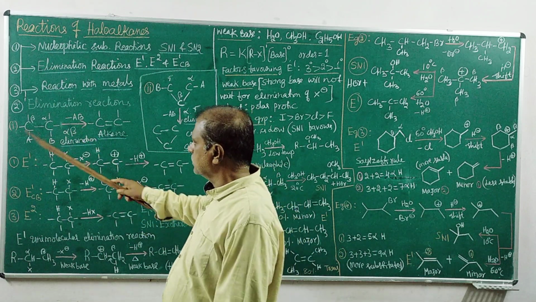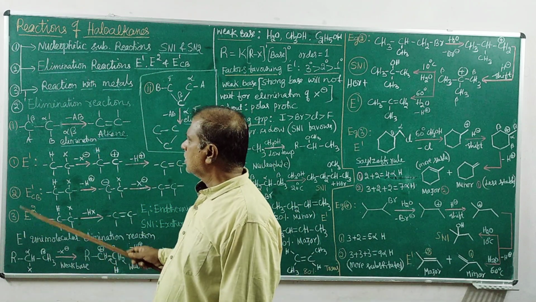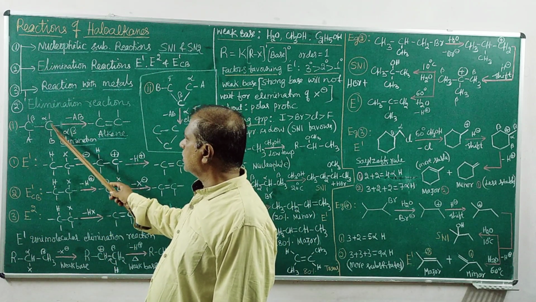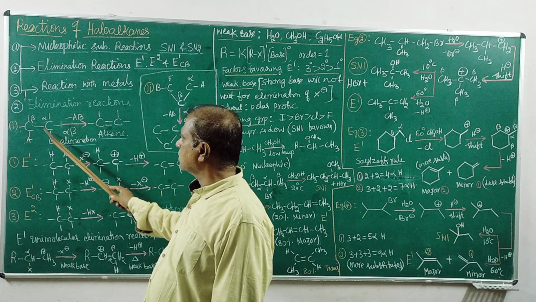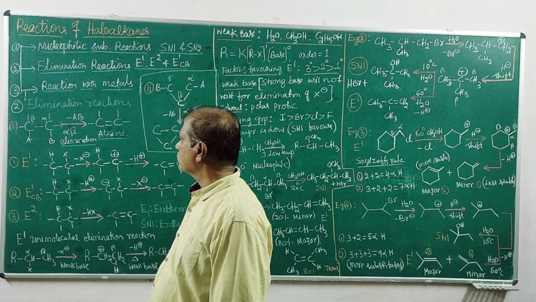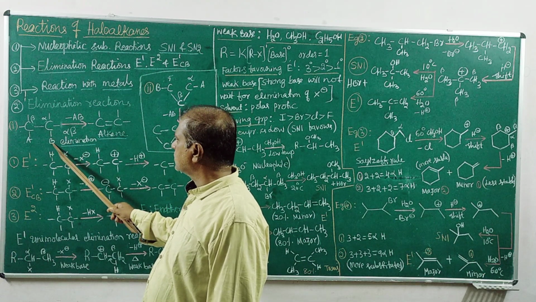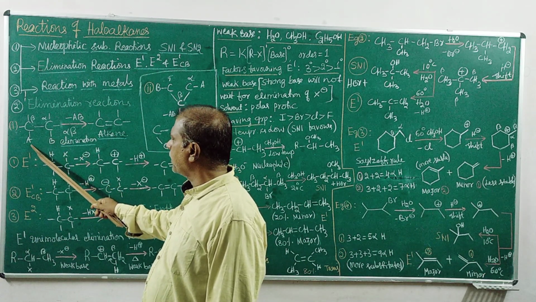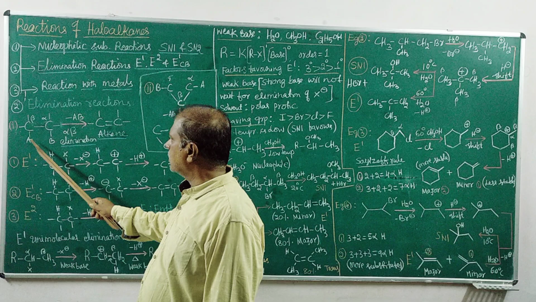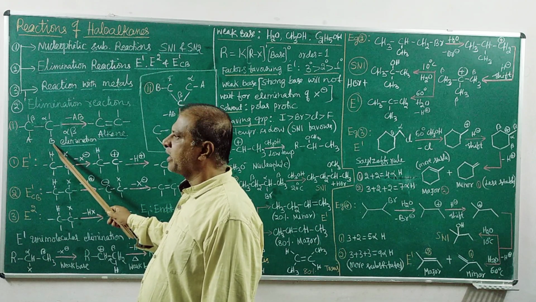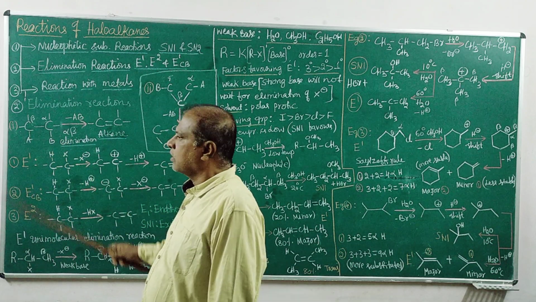As you know, each carbon is tetravalent, bonded with 4 chemical bonds. To this carbon, B is bonded and A is bonded, and this A and B can be eliminated by breaking of a chemical bond, by attack of a reagent.